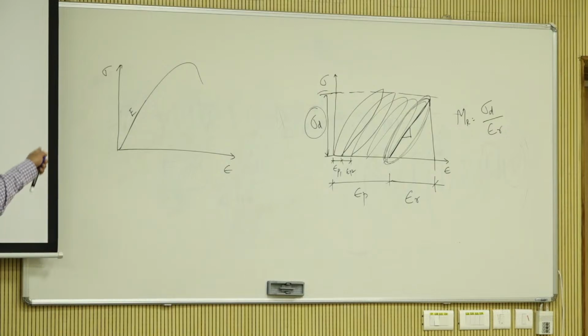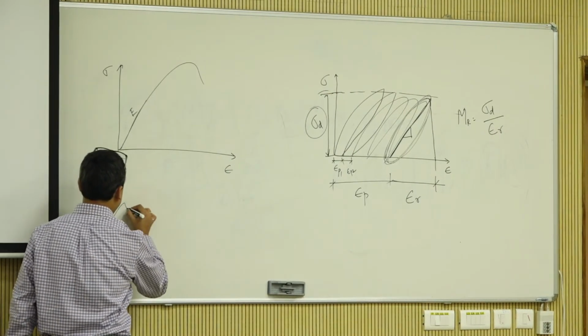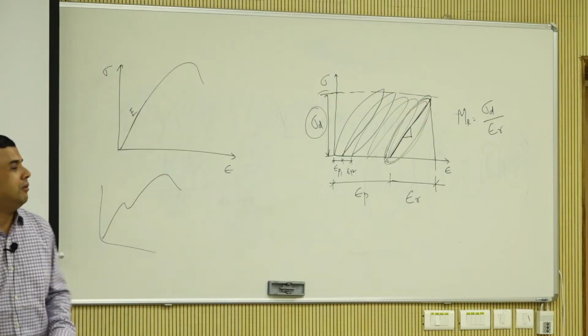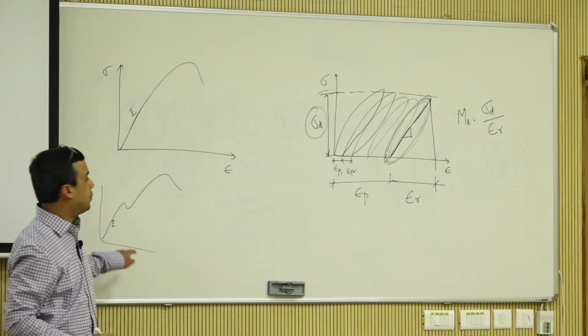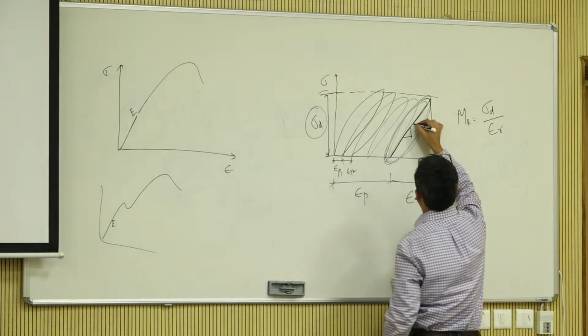If you change this to steel, how does it look? It looks something like this, and you can still define an E here. The question is, what is the difference between E and MR?